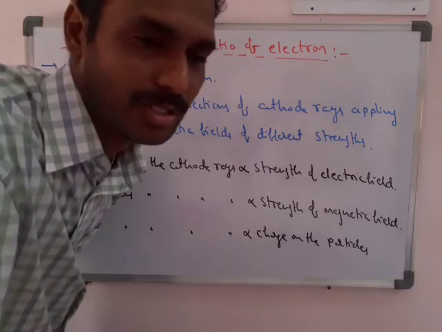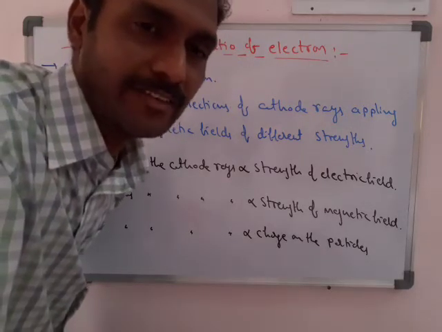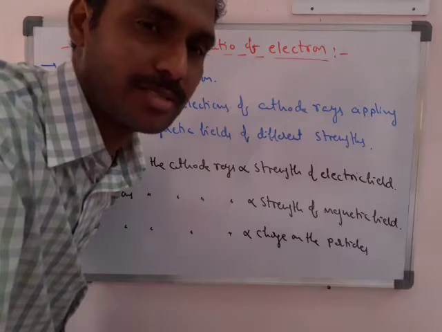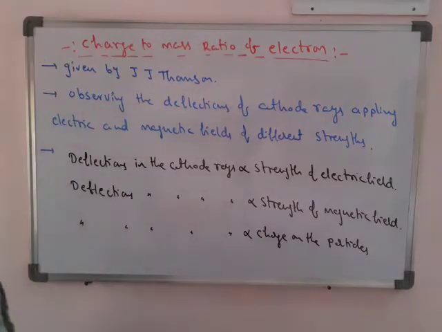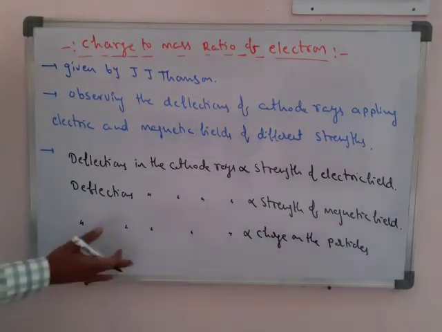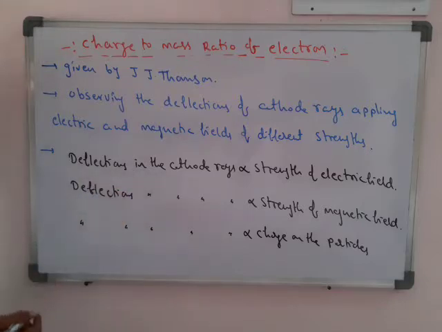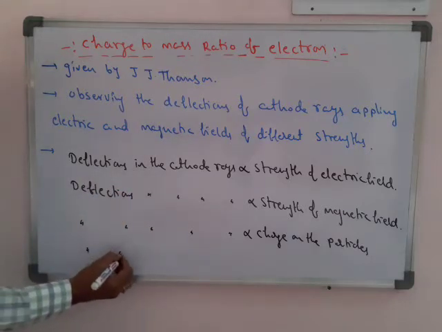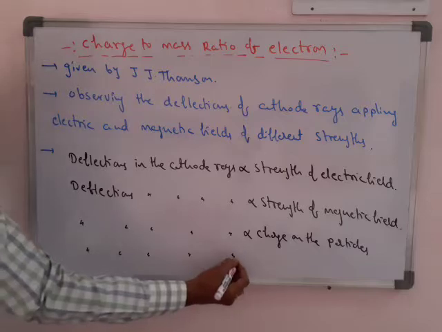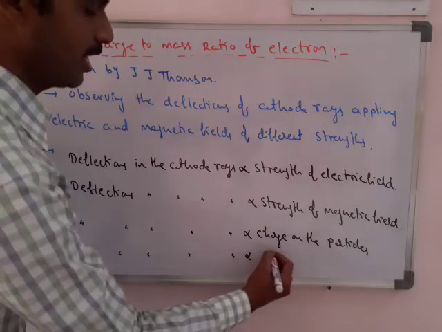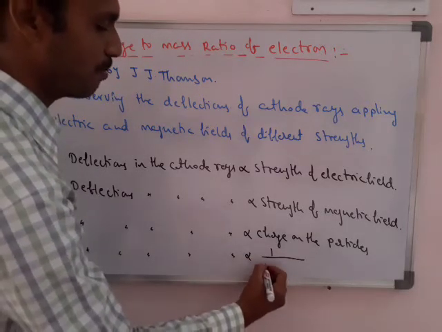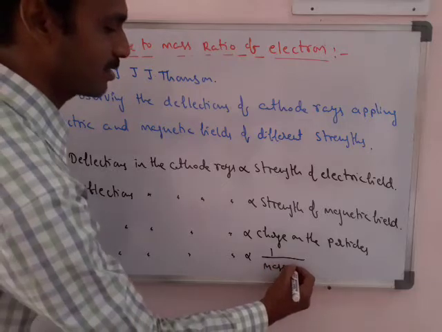Already we know the cathode rays consist of negatively charged particles known as electrons. So as the charge increases, their deflection also increases. Next, it is also observed that deflection is inversely proportional to the mass, nothing but size.